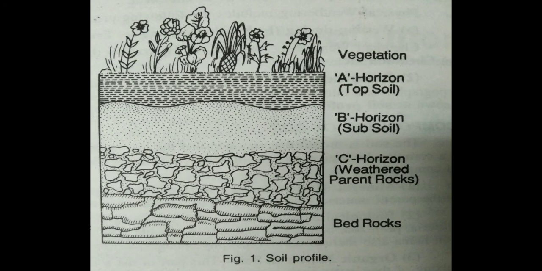Then you can see A horizon topsoil, B horizon subsoil, then C horizon weathered parent rocks, and then bed rocks.